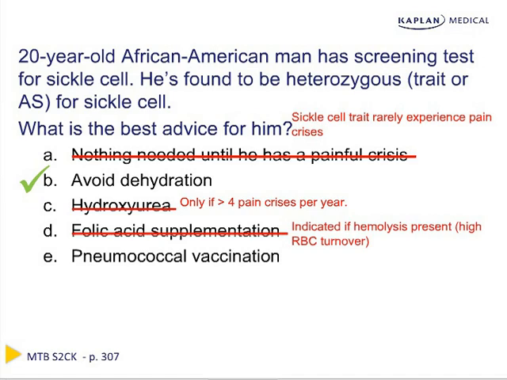Folic acid supplementation is sometimes indicated in patients with sickle cell anemia, but only if they have severe hemolysis. Hemolysis leads to high red blood cell turnover, and to regenerate the lost red blood cells, folic acid is needed. Pneumococcal vaccination is wrong because that's really only indicated in functionally asplenic patients, which rarely happens in people with sickle cell trait.